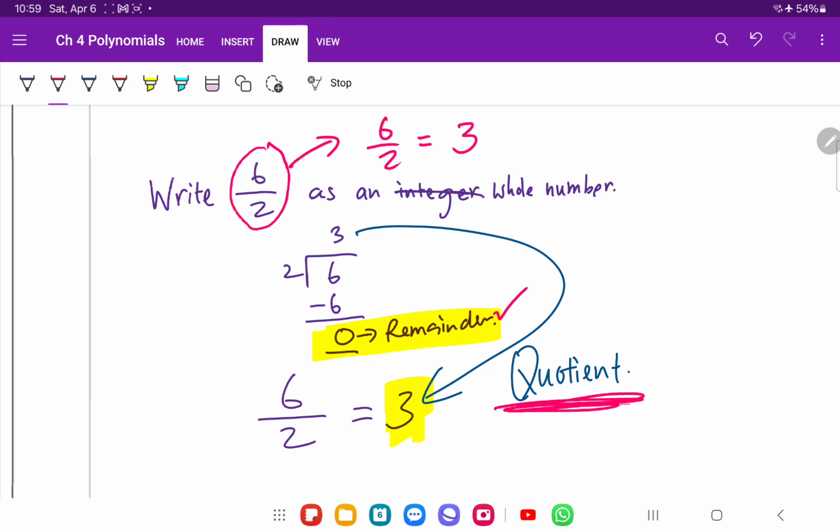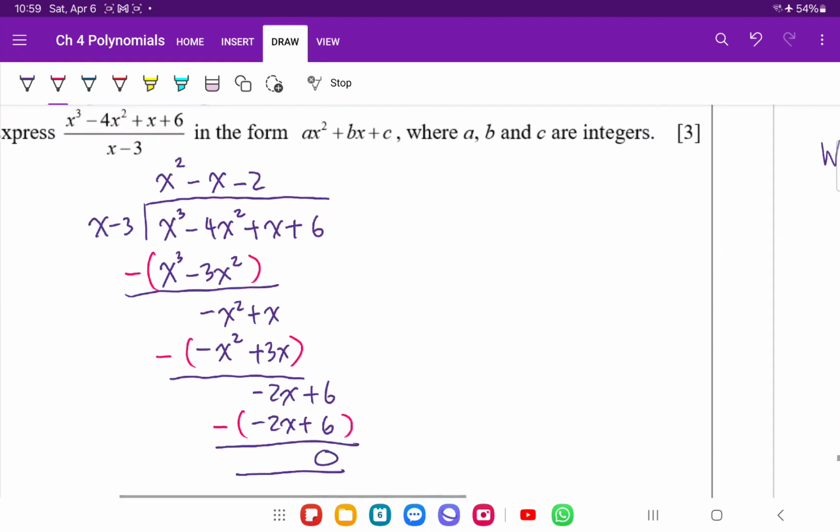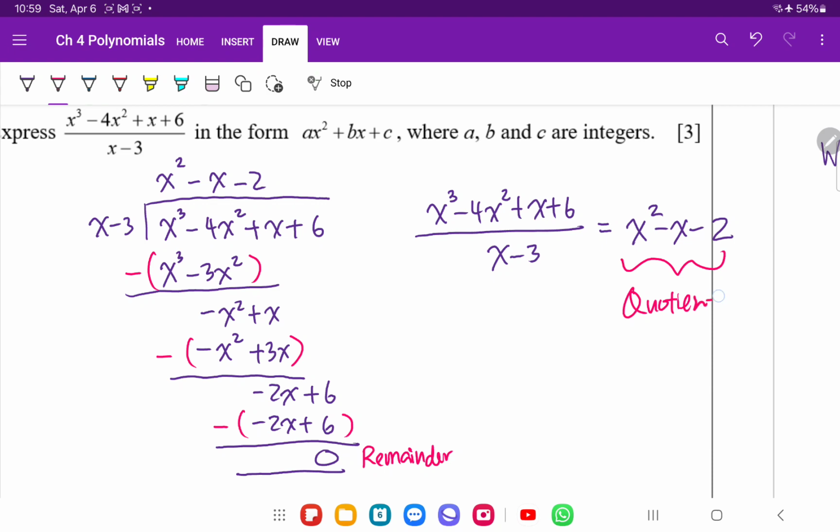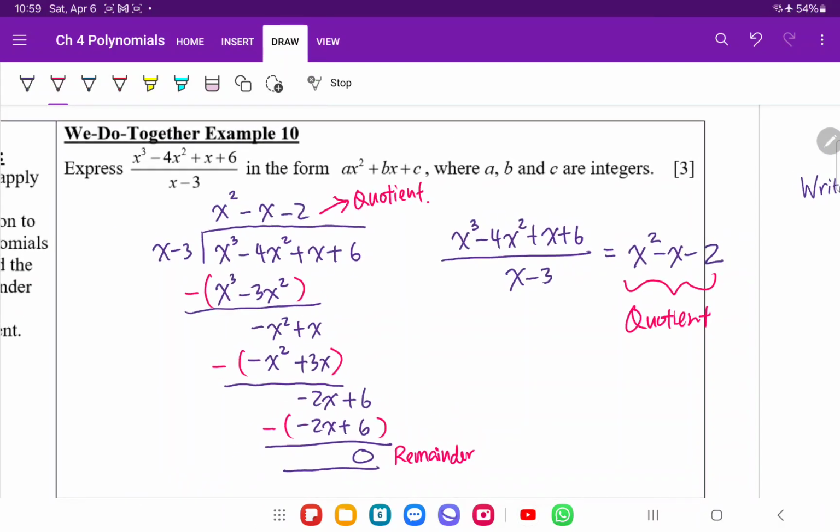So by a similar logic, because the remainder is actually a 0, we can safely say that the dividend x cubed minus 4x squared plus x plus 6 divided by the divisor, since the remainder is 0, the answer is simply the quotient. This is the quotient, which is over here. And that is the answer for redo example 10.